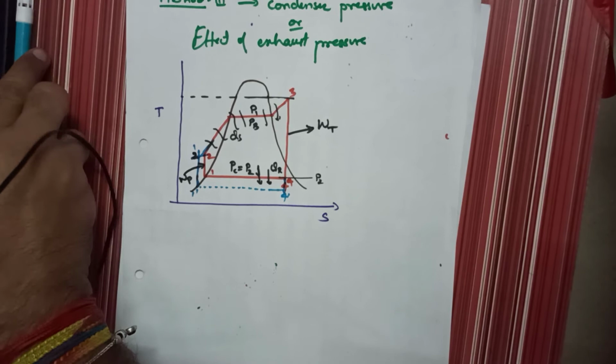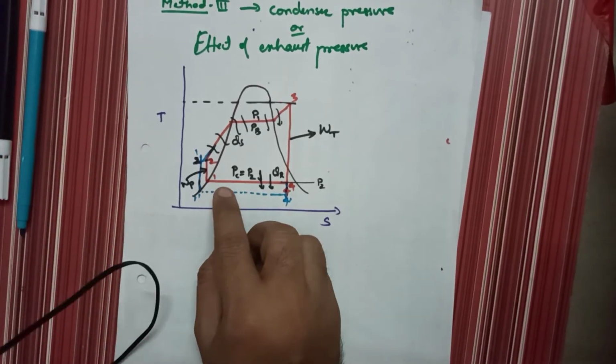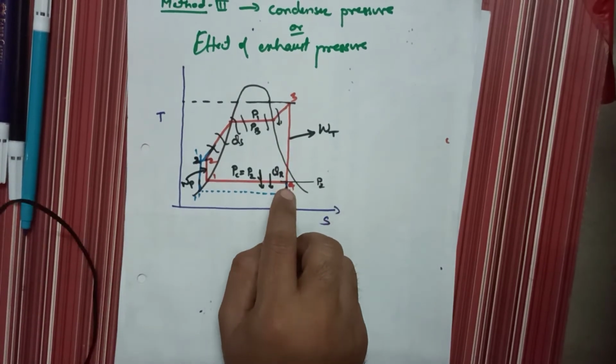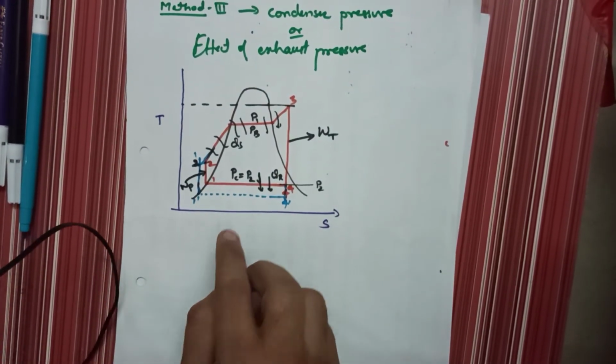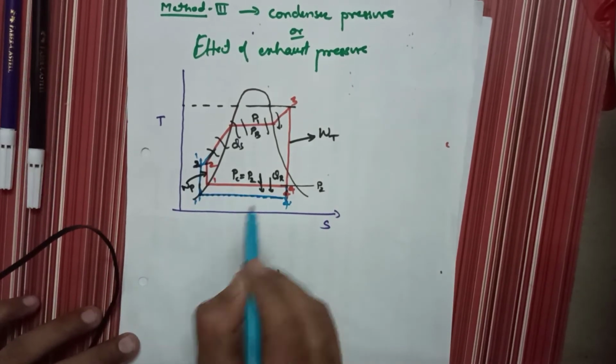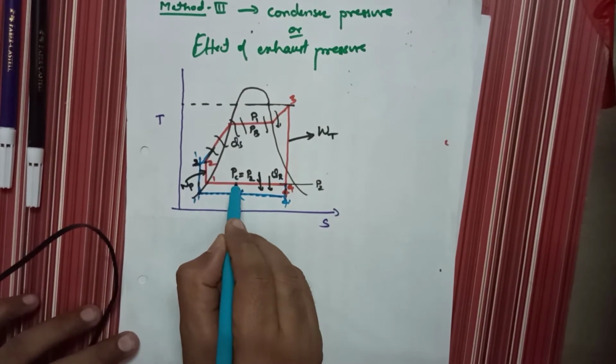Now understood, dear students? So the red color line indicates the first cycle, then the blue color line indicates the second cycle.